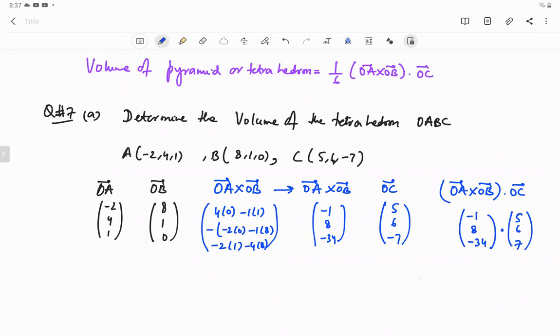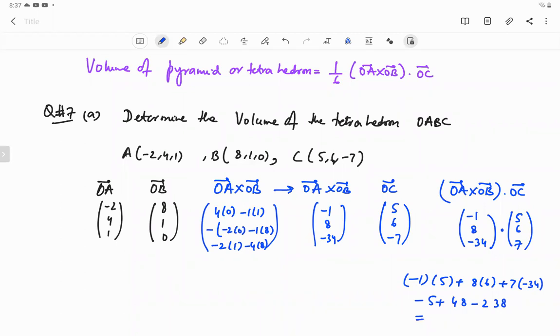And when you calculate the dot product, minus 1 into 5 plus 8 into 6 plus 7 into minus 34: minus 5 plus 48 and then 7 into 34, minus 238, plus 5.